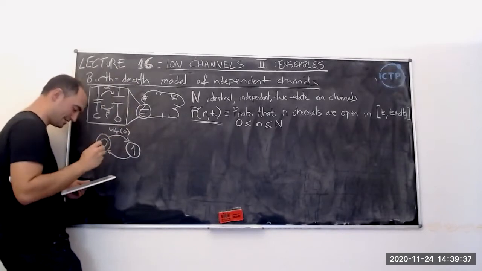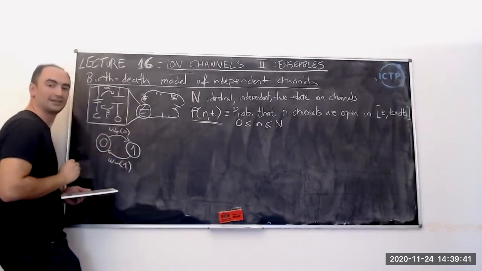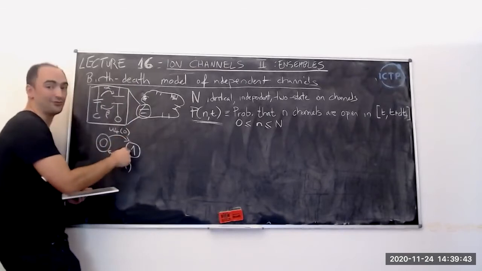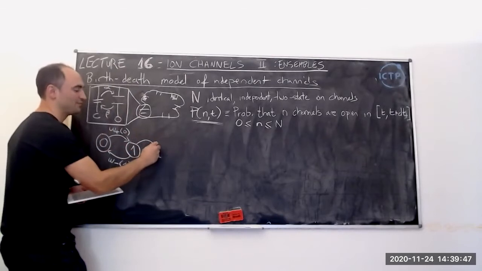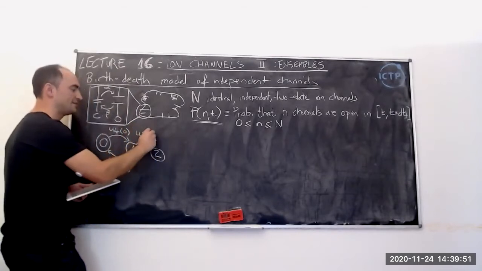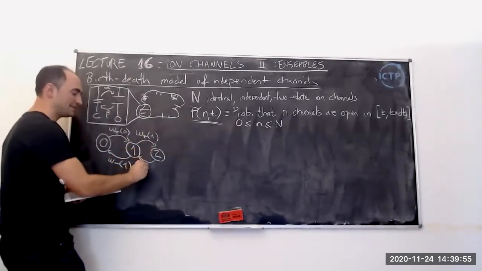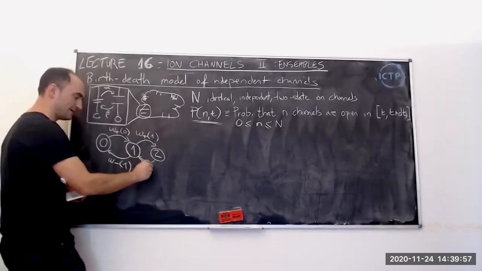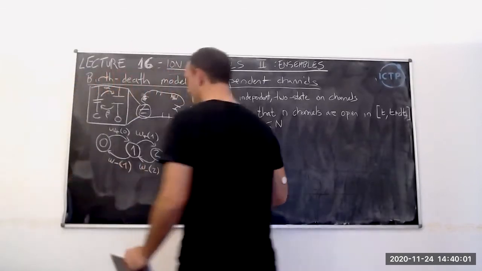This will be omega minus 1. Okay, this is the notation. When I have one channel open, I can open a second channel. 2. And this will go with rate omega plus 1. And you can close that channel with rate omega minus 2. Okay? And now we go on.